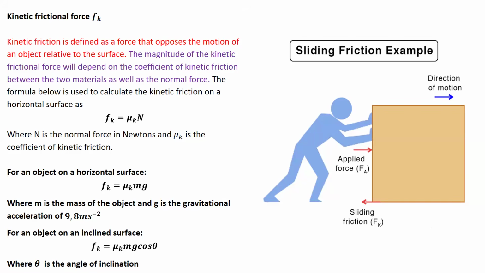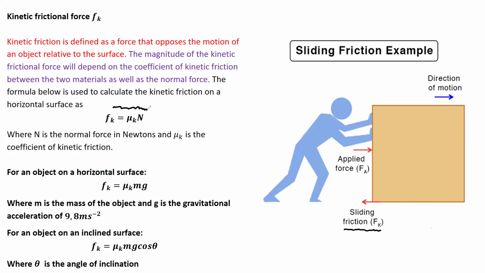When the object is moving, the type of friction it has is known as kinetic friction. Kinetic friction is the force that opposes the motion of an object relative to the surface. Static is when it's stationary; when it's moving, we speak about kinetic frictional force.